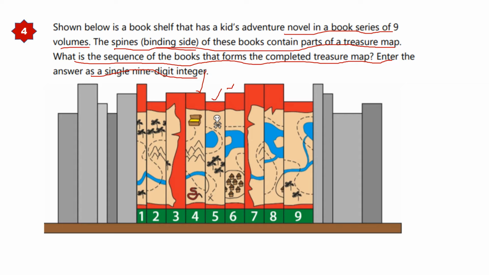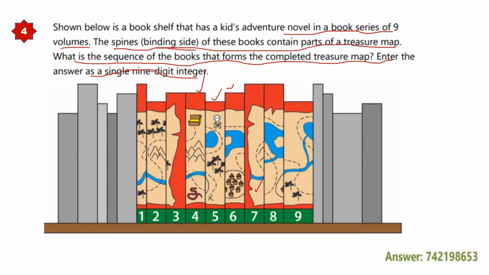We have to find the correct direction or correct path in which we can find that particular treasure. Okay, so the sequence is given by 7.